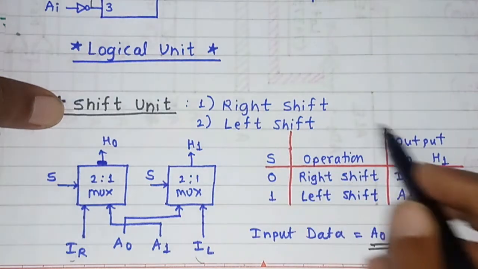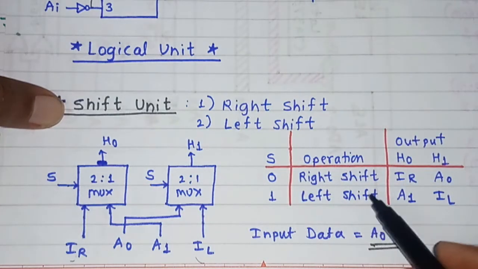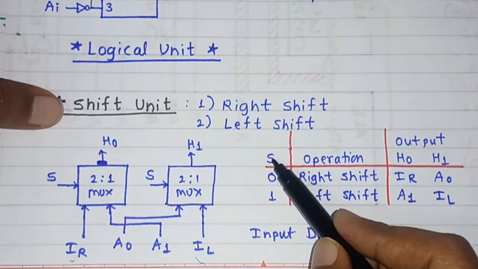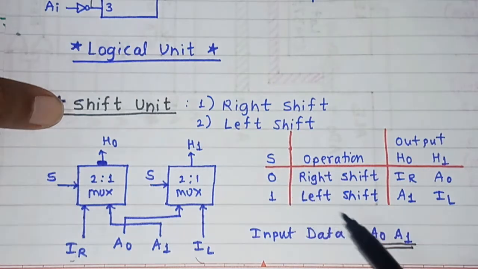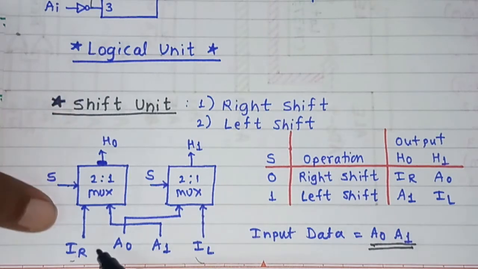Now let us see with the help of this truth table. Consider that S is equal to 0 and the original data is A0 and A1. If you want to shift this A0 and A1 data towards the right side, then what will happen?